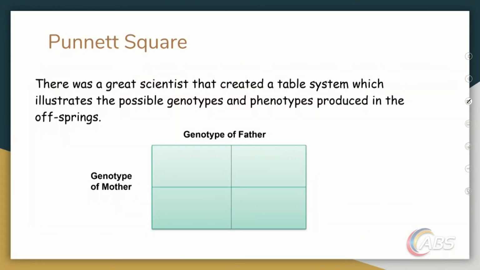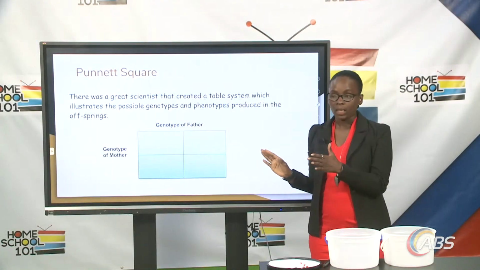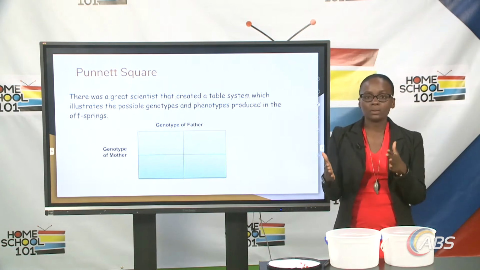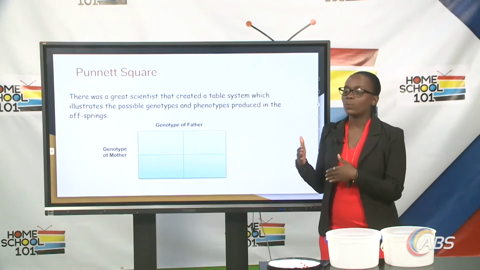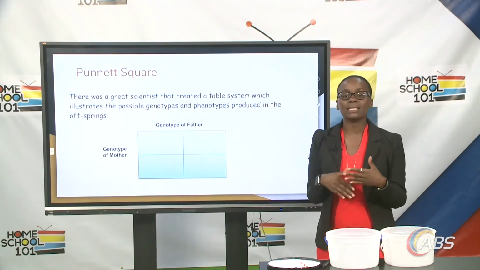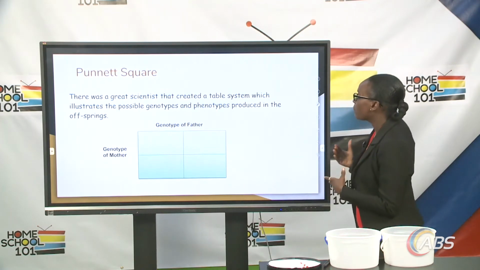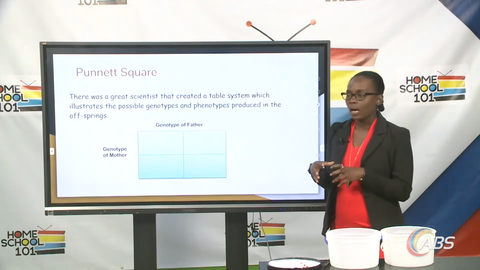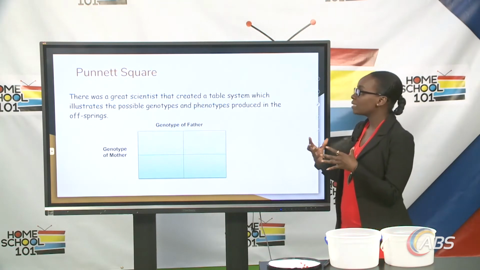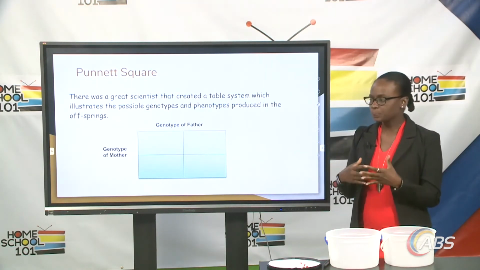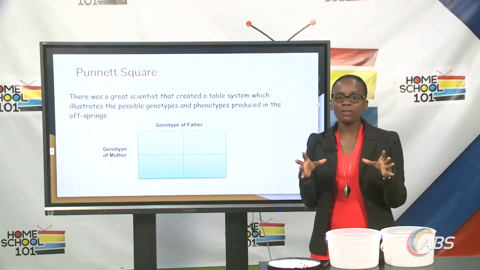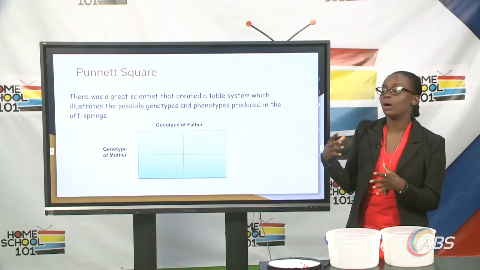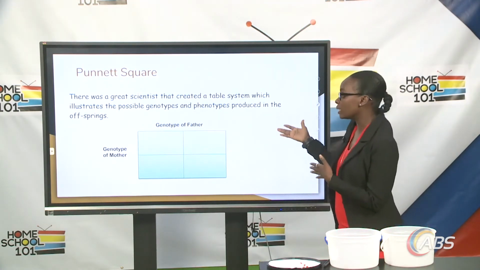All right, now with reference to what we spoke about in the beginning in terms of both parents being tall and one having a child that's short. Now, one of the ways that we can represent this information is with genetic diagrams. And there was this gentleman by the name of Mr. Punnett who created or developed this system where we can investigate or predict what the offspring of two parents could possibly be for particular traits, or one trait in this instance.